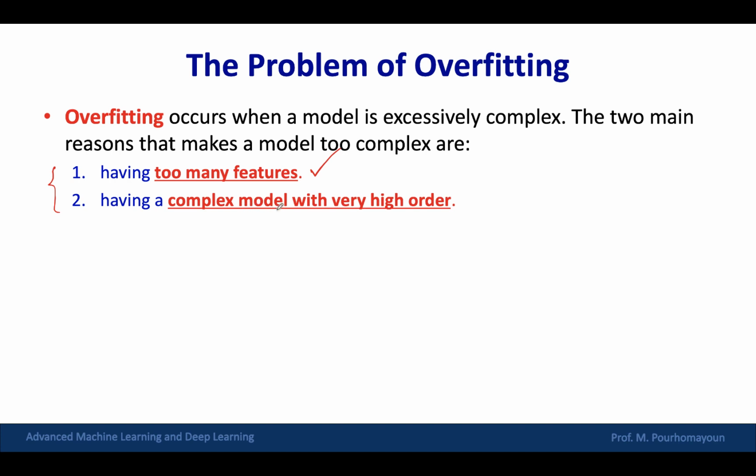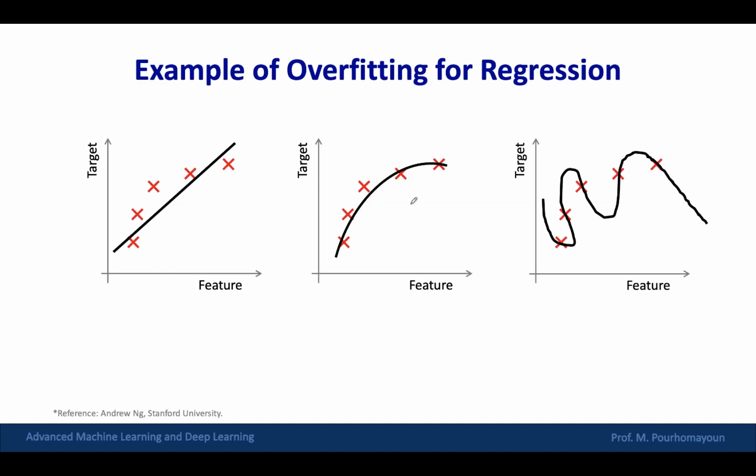Or, second, when you use a very complex model with high order. In this case features are not too many, but because your model is too complex, it still learns unnecessary parts of the data, noise samples, for example. Okay, this is the example that I showed you last semester.